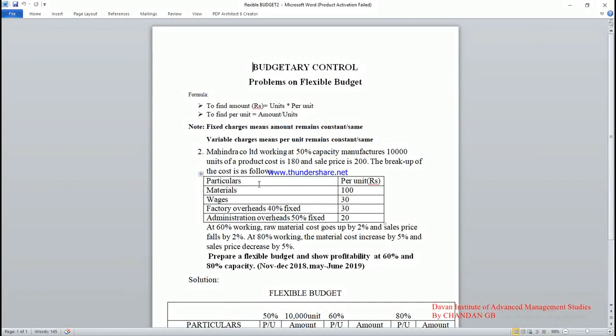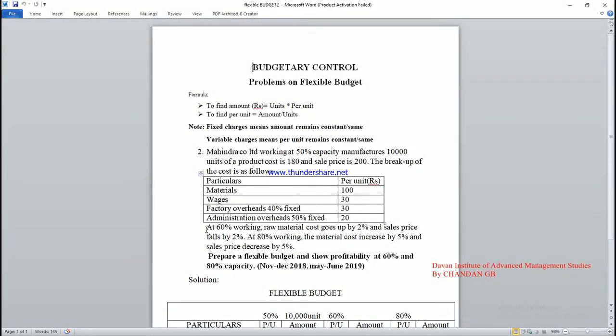Materials 100 rupees, wages 30, factory overheads 30 rupees, out of which 40% is fixed. The next data is administrative overheads, 50% fixed, the amount per unit is 20 rupees. This data is given only for the 50% capacity, where they are producing 10,000 units.